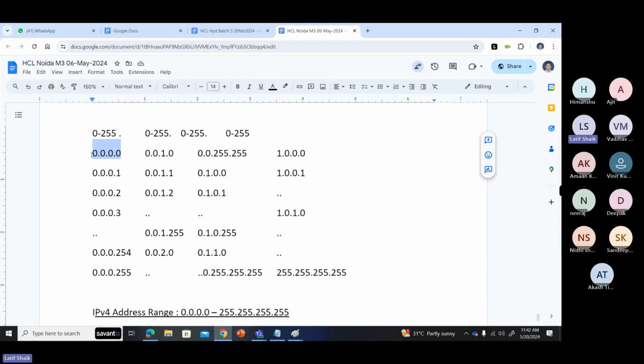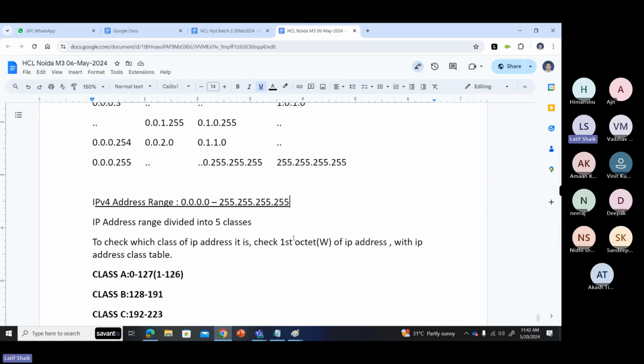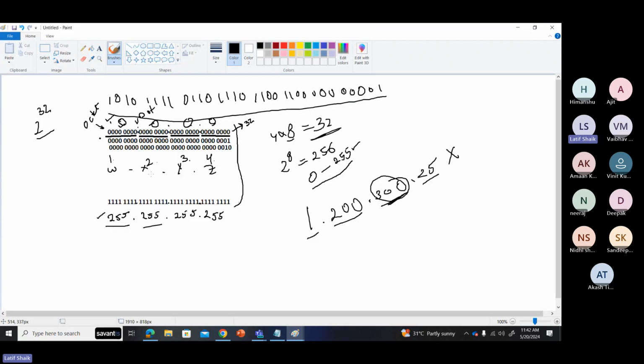What is the starting address? 0.0.0.0. And what is the ending address? 255.255.255.255. This is the total IPv4 range, 0.0.0.0 to 255.255.255.255. Okay, guys, understand, that's the range I have written.